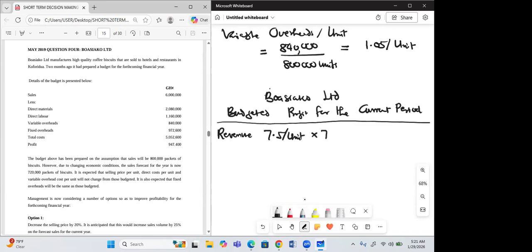5.4 million. Is it 5.4 million or 54 million? 5.4 million. Okay, so then variable cost.